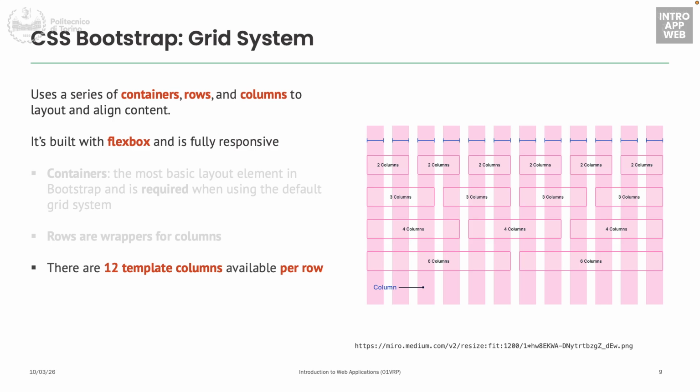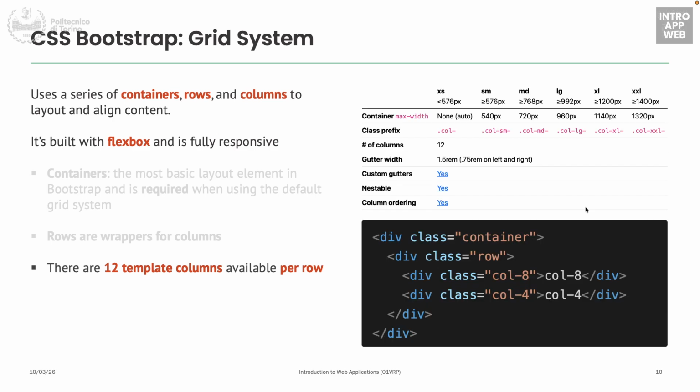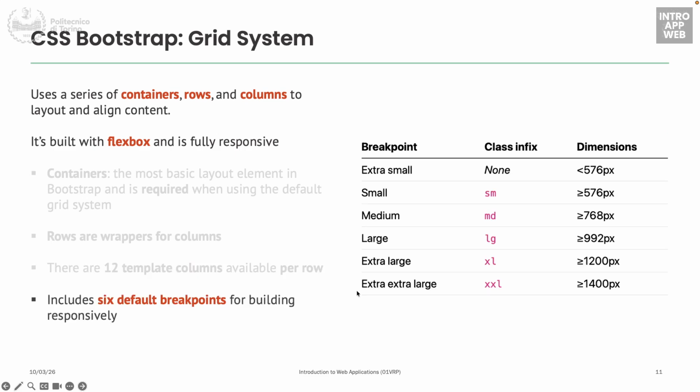It can be divided into many different numbers: 1, 2, 3, 4, 6, and of course 12. Having so many numbers to divide gives us flexibility to build different kinds of interfaces. So that's the reason why we're always dealing with 12 columns per row. So how do you think this one would look? Something like this.